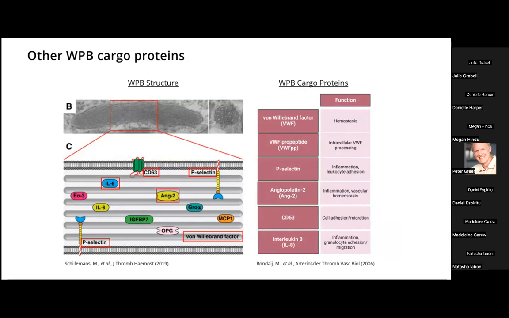For example, if the cells are exposed to shear stress, they will decrease their Ang2 content. And if they're exposed to pro-inflammatory cytokines, they can actually increase expression of interleukins 6 and 8. Based on the lifespan of Weibel-Palade bodies within endothelial cells, a single cell can actually have a pretty diverse population of Weibel-Palade bodies, each with their own ratios of their cargo proteins.